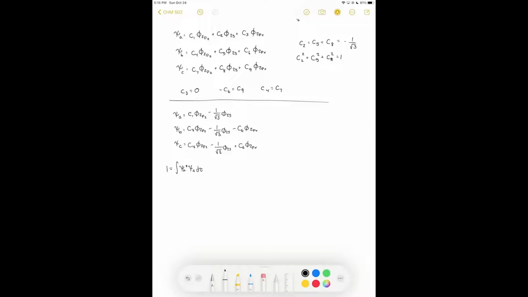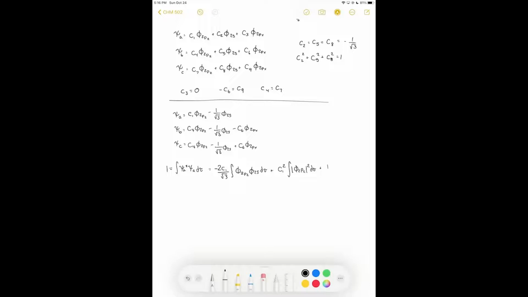So if we were to carry this whole integral out, and I'll do it here just for this one, we would end up with 2 integrals. So we would get 2 times c1 over the square root of 3, and this should be negative, times the integral of 2pz, 2s. And then we'll have plus c1 squared times the integral of 2pz squared.